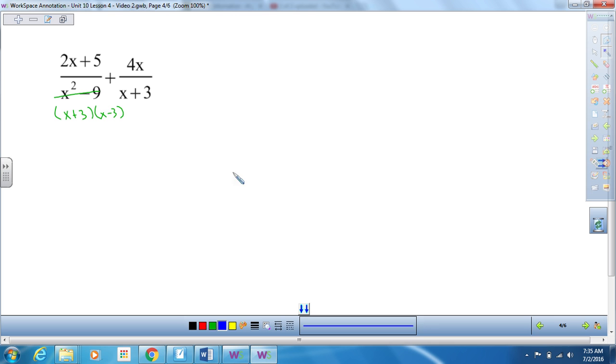So then, my least common denominator is x plus 3, and that covers both x plus 3's, and then I need an x minus 3. Okay, so for this first one, it has both parts, so I don't have to multiply anything there.